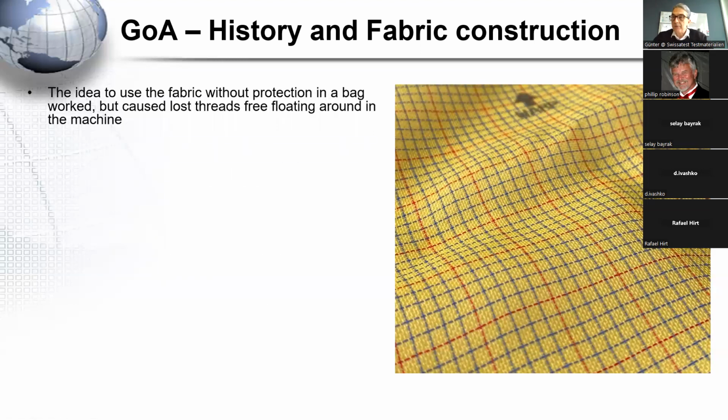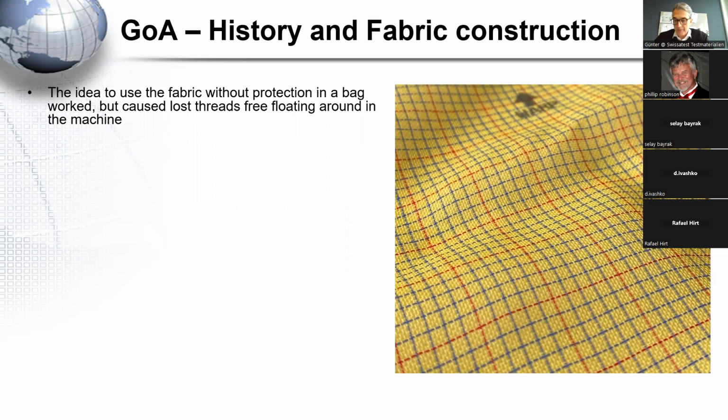The idea was first to use the fabric without any protection. This worked, but it caused a lot of lost threads floating freely around in the machine, a little bit similar to the polka dot.